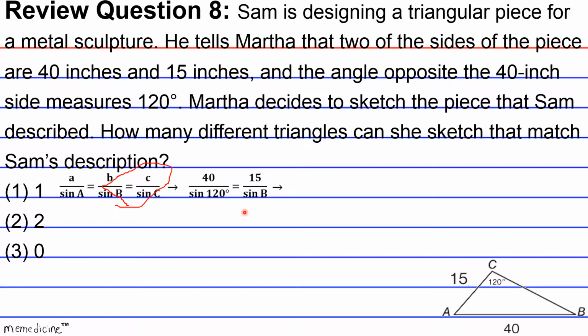And then when we cross multiply, we get that 40 times the sine of B is equivalent to 15 times the sine of 120. Now, when we go ahead and divide both sides by 40 to isolate the sine of B by itself, we get that the sine of B is equivalent to 15 times the sine of 120 over 40.